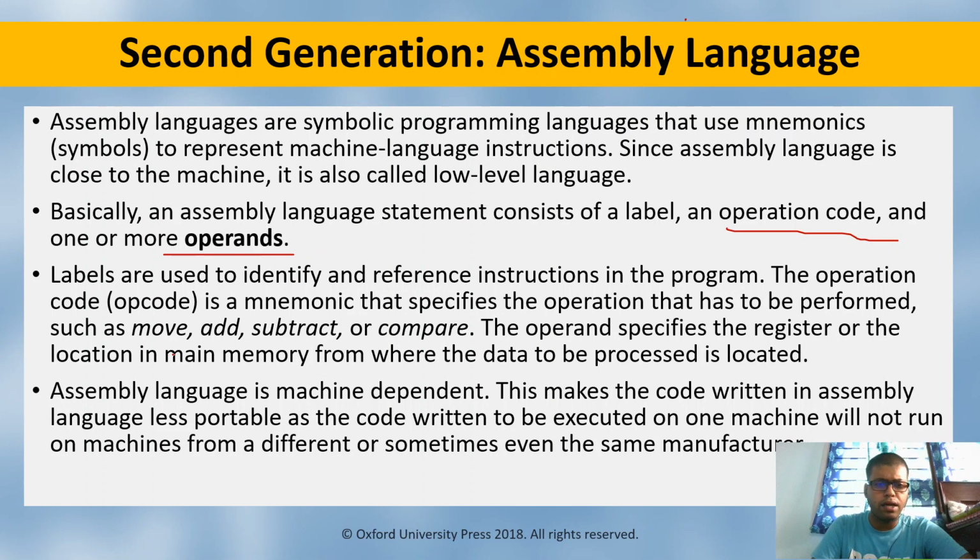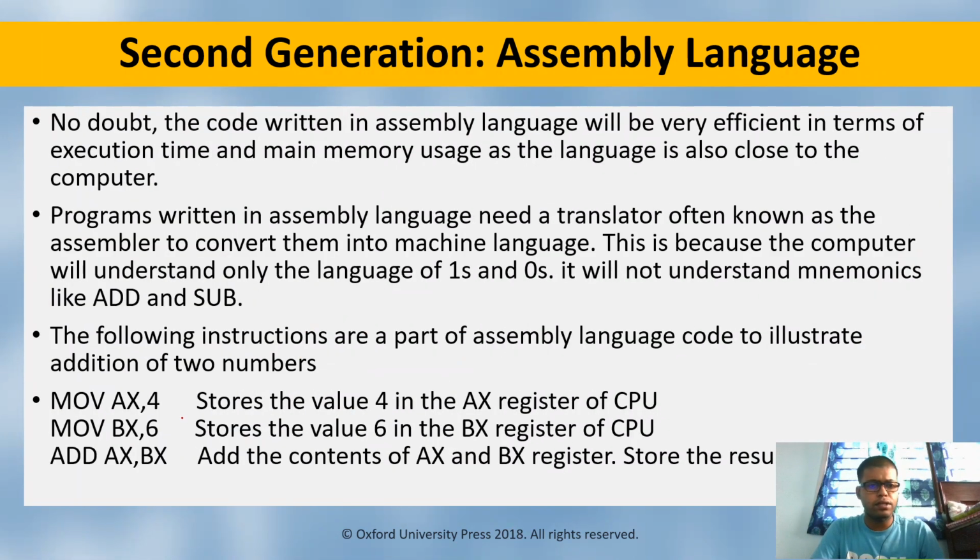For move, add, subtract, and compare, there are specific mnemonics. In the next slide, you can see that MOV stands for move and ADD stands for addition. In this form, assembly language is written.